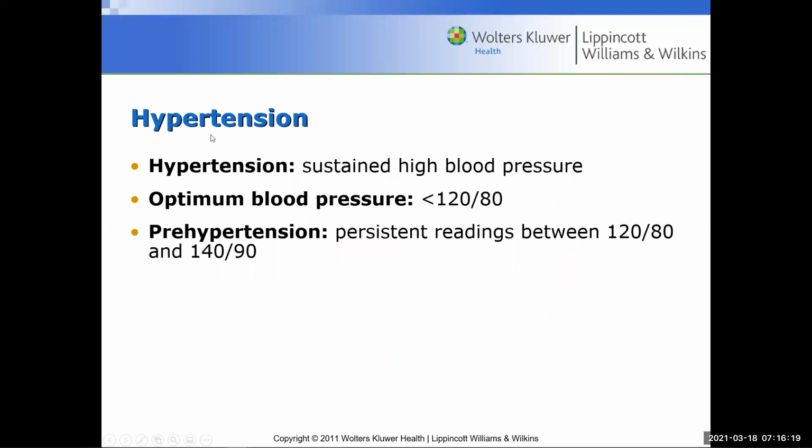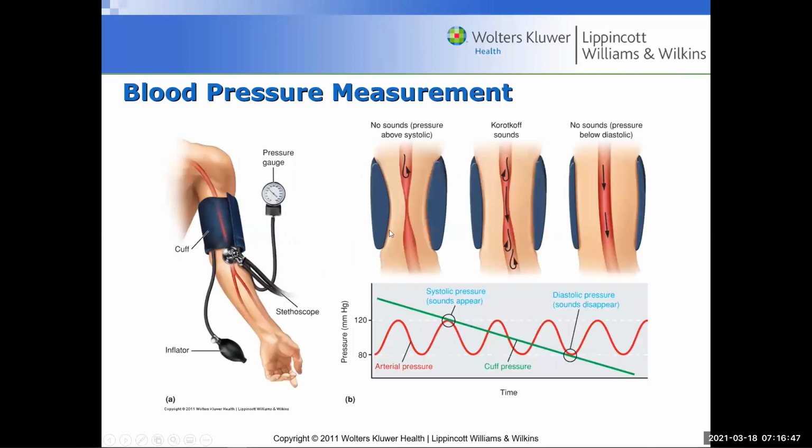the silent killer, because there are no real symptoms associated with it. So when you do have a sustained high blood pressure, right, this is known as hypertension. Now, the optimum blood pressure, of course, is 120 over 80, the systolic diastolic relationship. But with prehypertension, you have persistent readings above it, in fact readings between 120 over 80 and 140 over 90 itself.